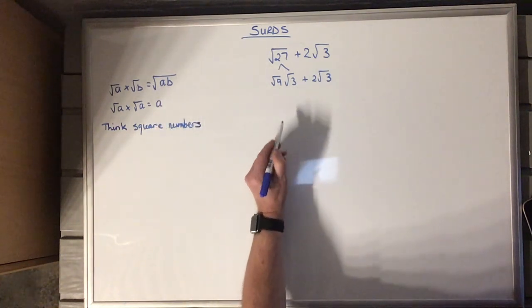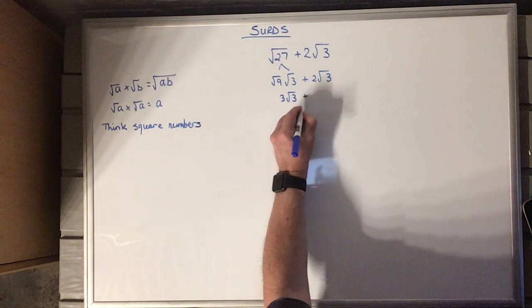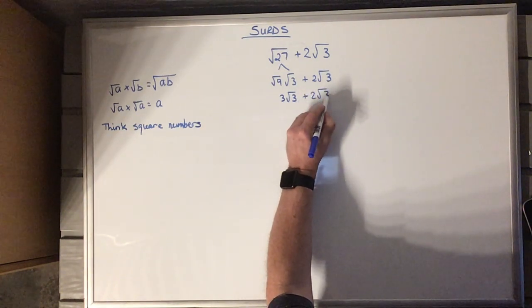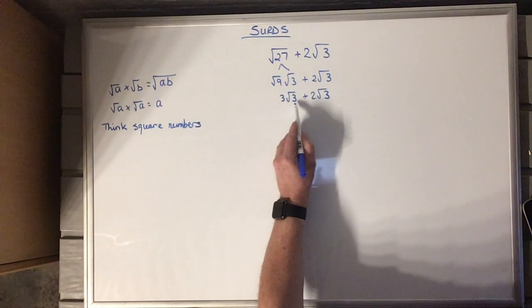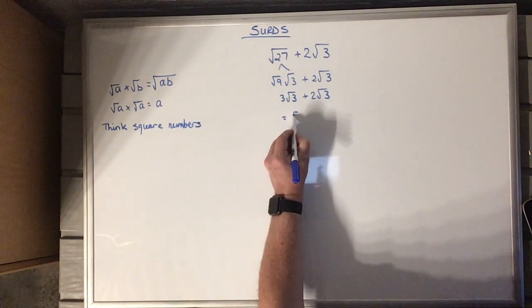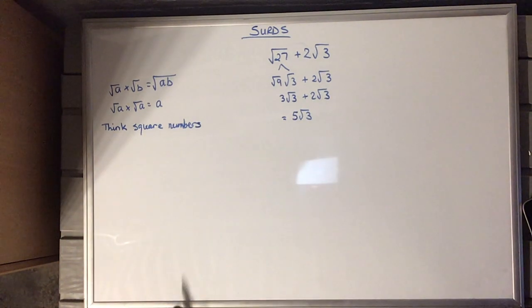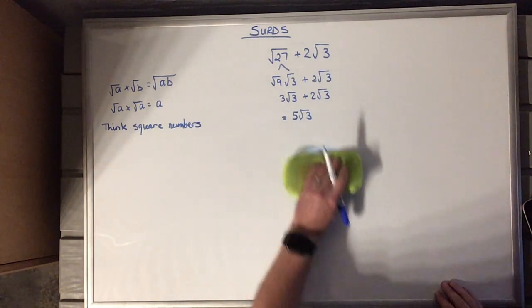So the square root of 9 is 3, so that's 3 root 3 plus 2 root 3. We can now tidy this up because it's the same roots that we have. So I've got 3 of them and I've got another 2 of them, so I'll have 5 of them, so I've got 5 root 3. Question finished. Again, 3 marks in the exam. It's a dead easy 3 marks once you get used to it.